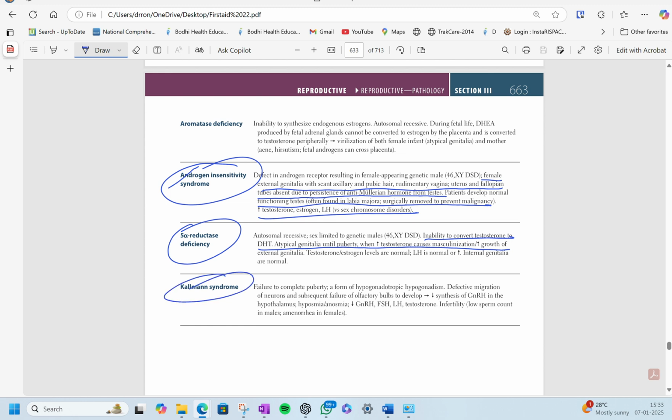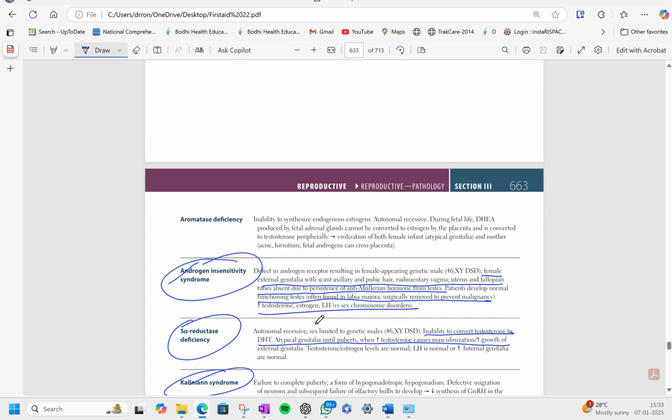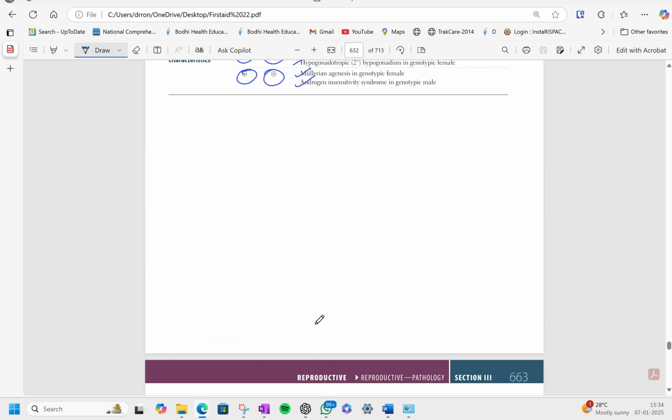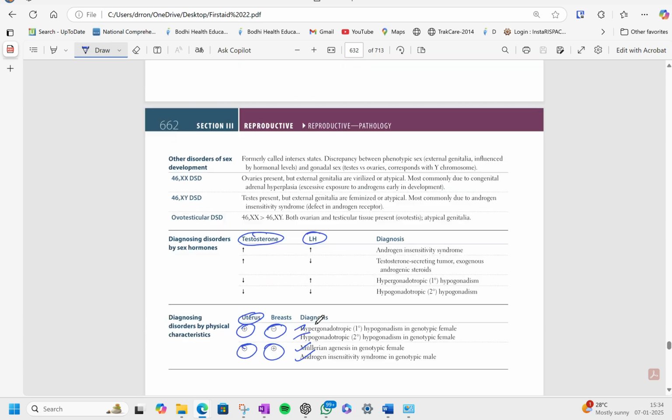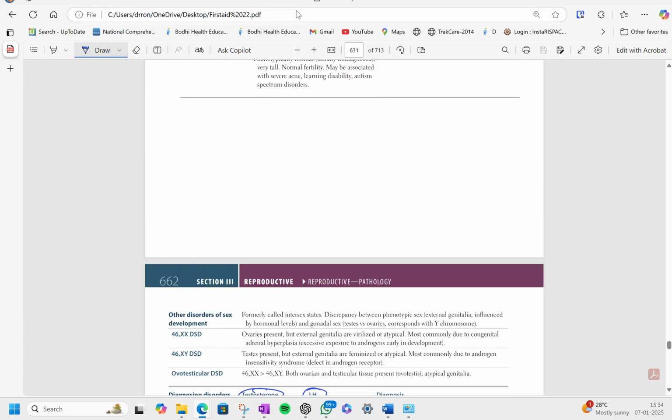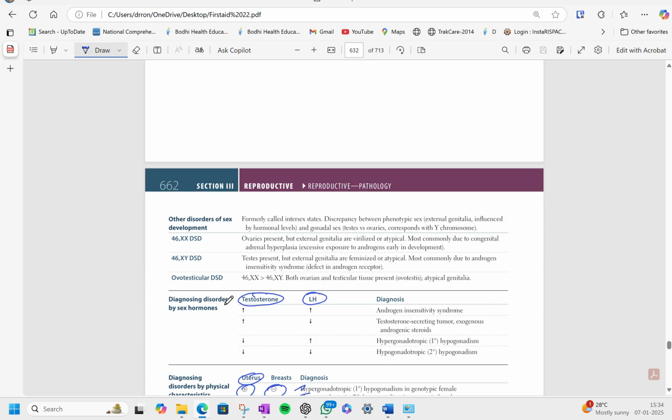Kallmann's will have some smell issues. That's a quick overview.